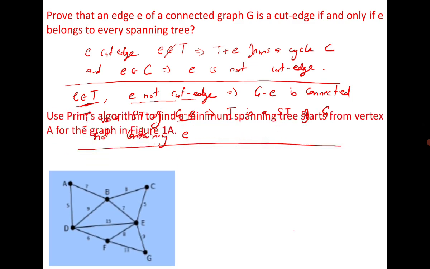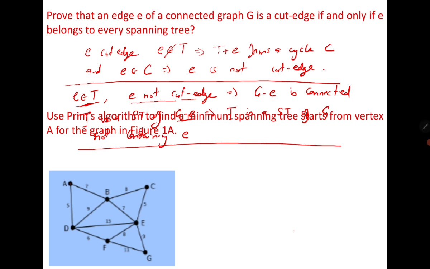The next question says to use Prim's algorithm to find a minimum spanning tree starting from vertex A. Prim's algorithm we have already discussed. So we keep building a minimum weight tree until it results in a spanning tree.